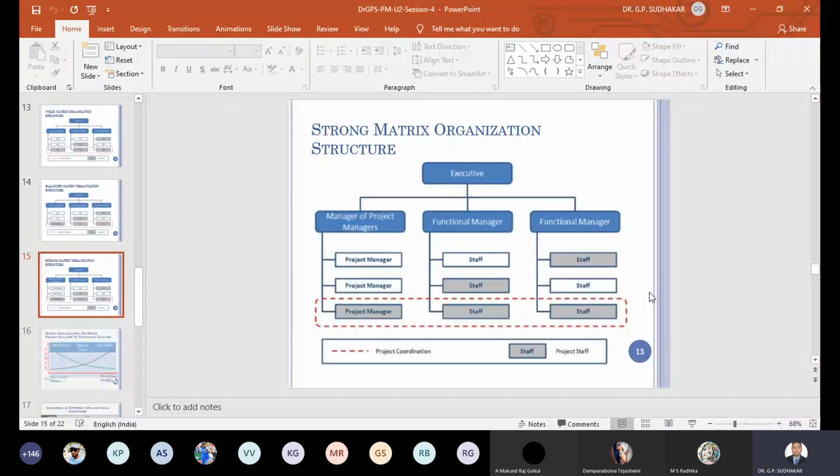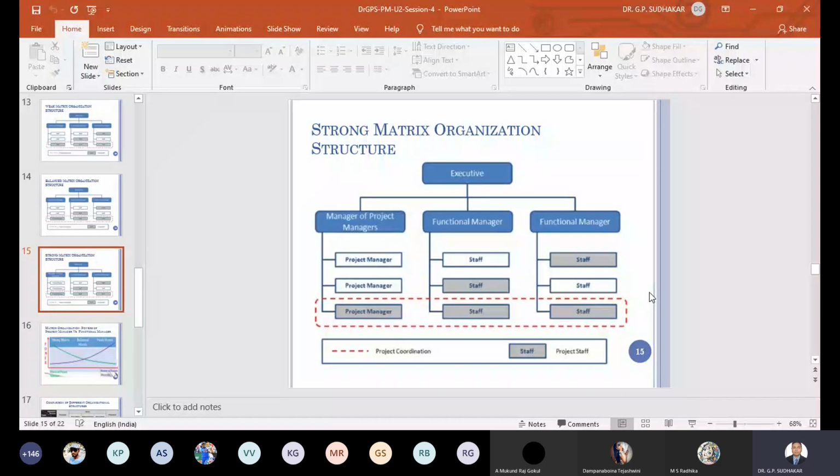Let's move on and see what the strong matrix organization structure is. In strong matrix organization structure, there will be somebody called manager of project managers. All the project managers report to the manager of project managers, who in turn reports to the CEO.